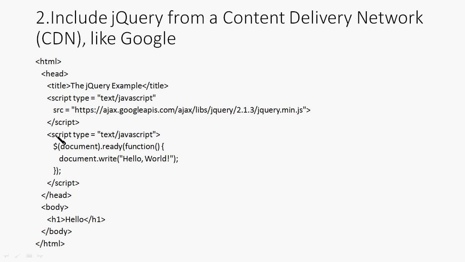Here is the same example. The difference is the path that you are specifying. The advantage of a CDN is that sometimes our web server does not have enough space to store all the jQuery files in our folder. So we can use this code, just mentioning the source this way, and you can save the space.